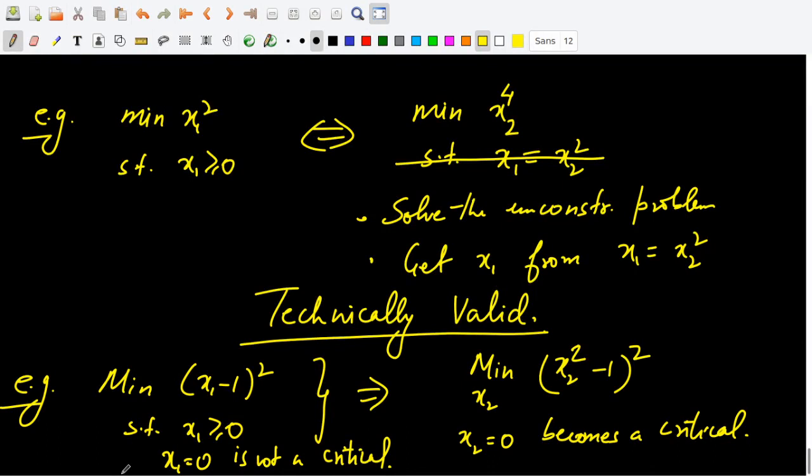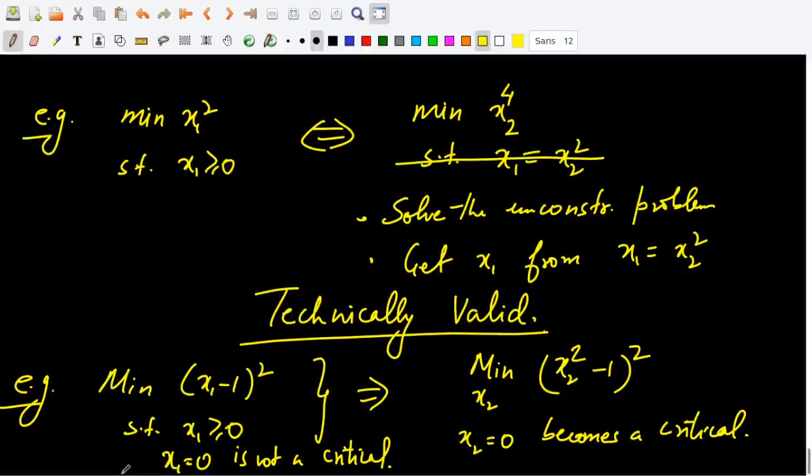So sometimes it is beneficial to eliminate some constraints and reduce the problem to an unconstrained problem, but many times it might be counterproductive to make the problem more complicated by adding some weird nonlinear terms so as to eliminate the inequalities, or to make the problem unconstrained.